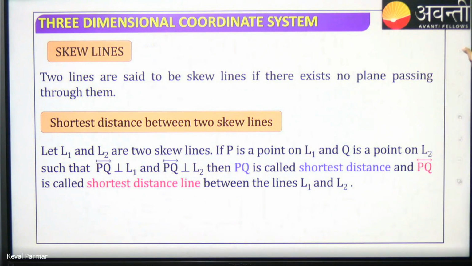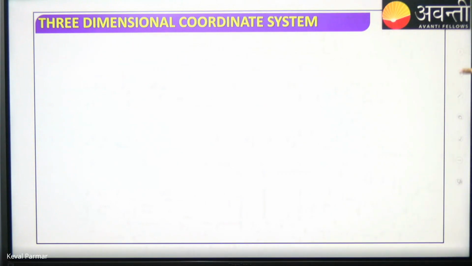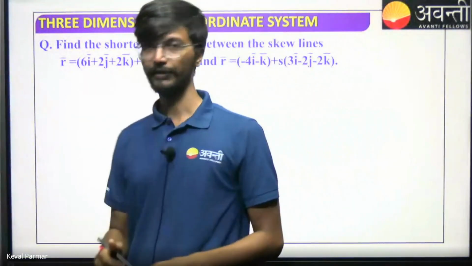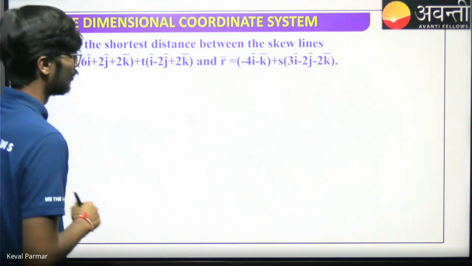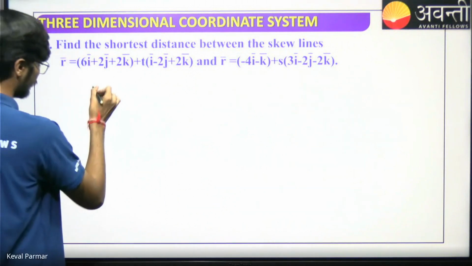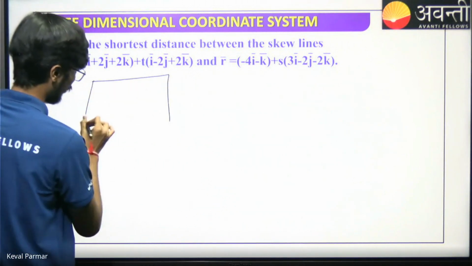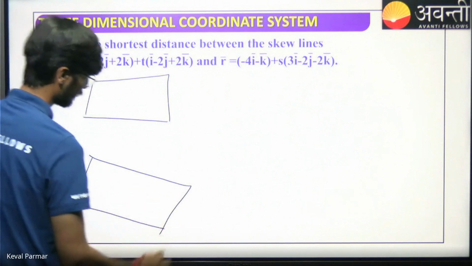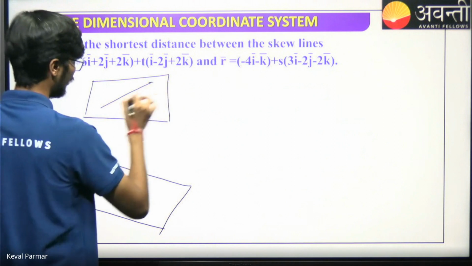Let's see the question. Yeah, this is the question. Find the shortest distance between the lines. So let's say these are two lines. One is in this plane, other is in this plane.